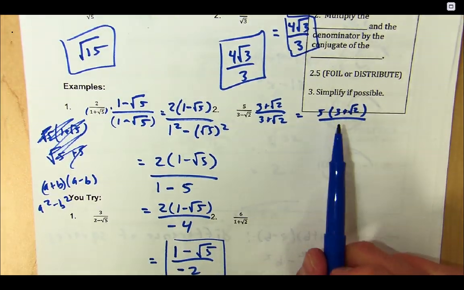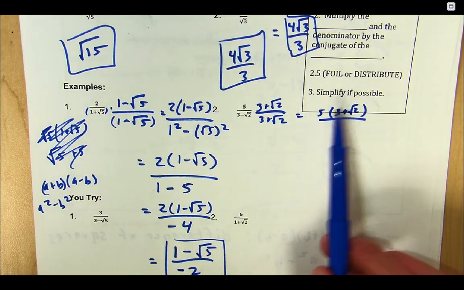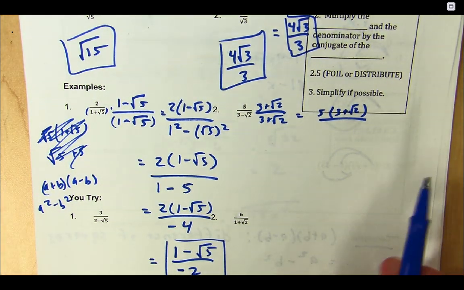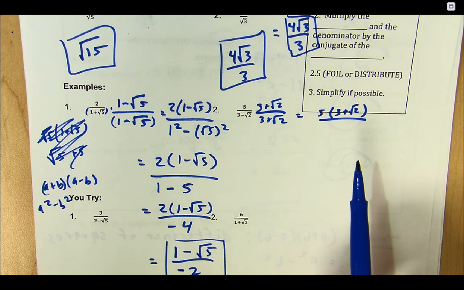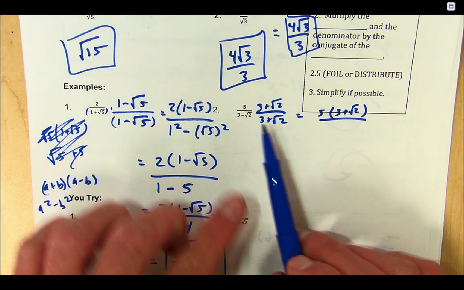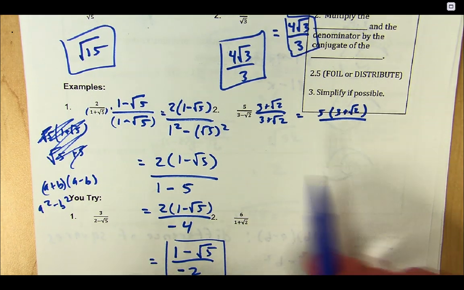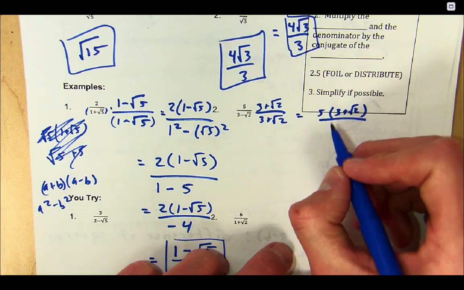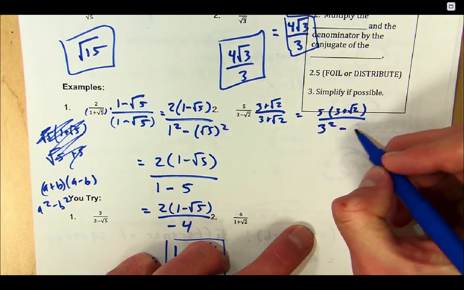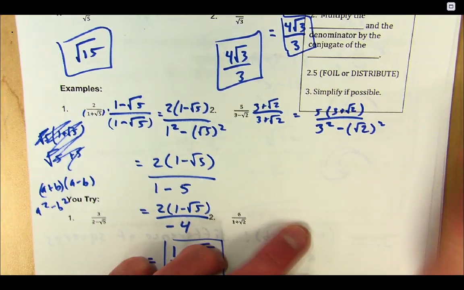I'm going to leave my numerator like this for now. I'm just going to hold off. I'm not going to do the distributive property yet. The denominator, once again, since you're multiplying by the conjugate, it's going to end up being a squared minus b squared. So in this case, 3 squared minus root 2 squared.